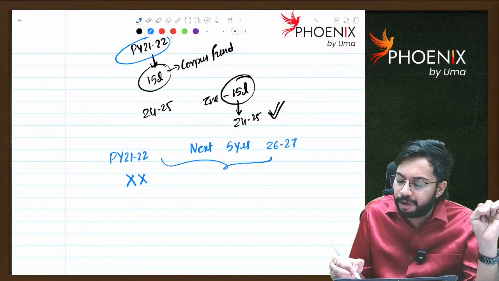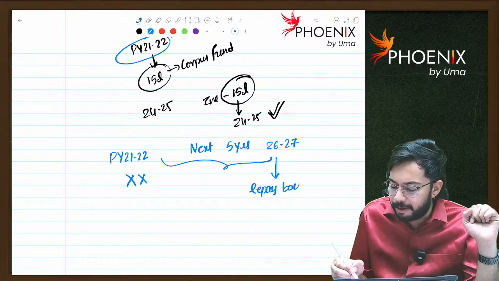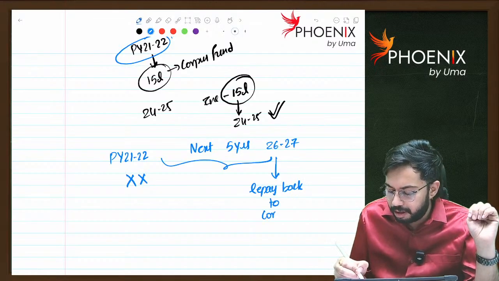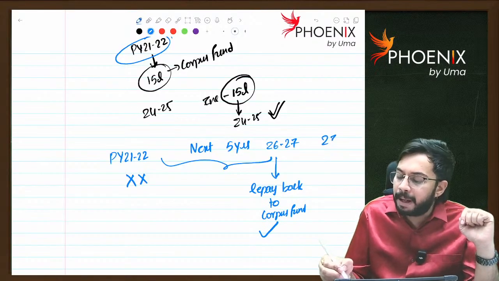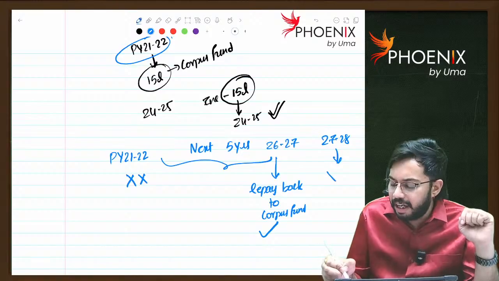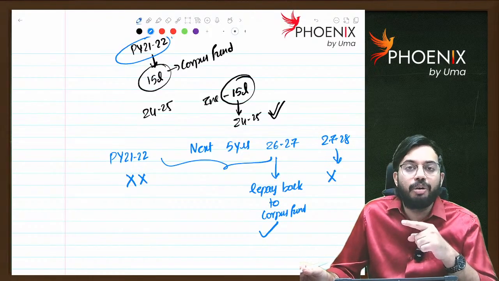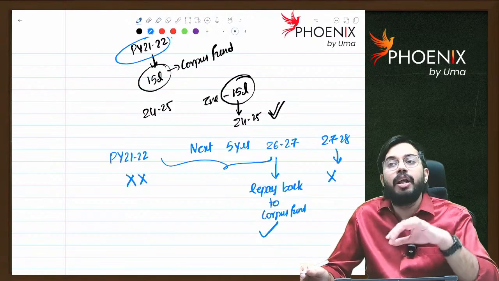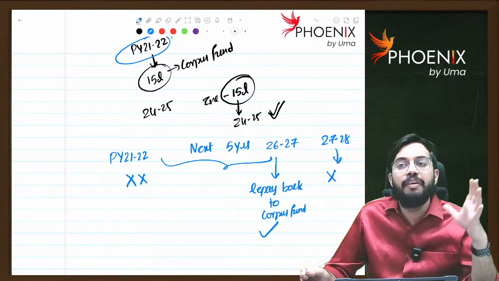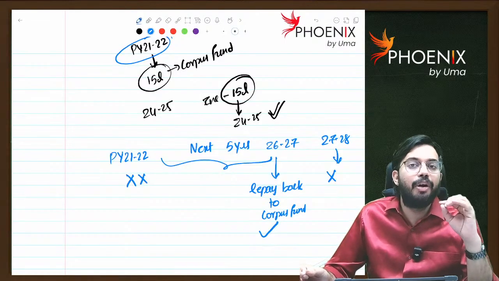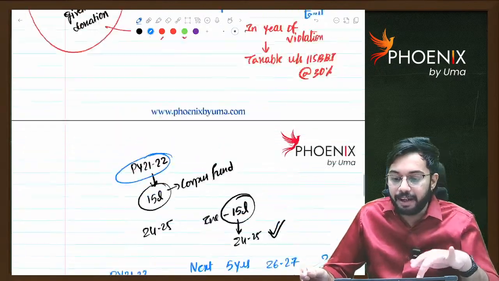So on or before 26-27, I should repay back to corpus fund. Then only it is treated as applied. If I repay back in 27-28, it is not treated as applied. So whatever amount is taken out of corpus fund, you should repay it back to corpus fund within 5 years from the end of the year in which you withdraw that money. Then only it will be treated as applied. Otherwise it will not be treated as applied. Are you able to understand?